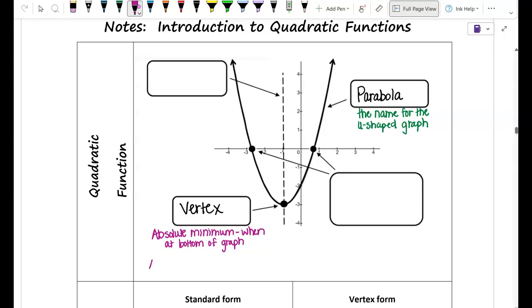And it is called an absolute maximum when at the top of the graph.